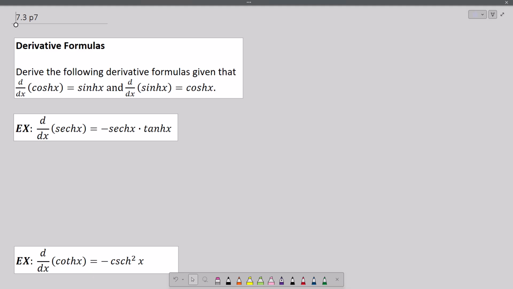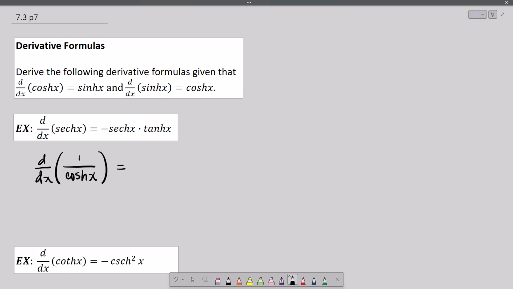We know the derivative of sinh is cosh and the derivative of cosh is sinh. So that's going to be given. We want to find the derivative of sech. This is sort of a replay of what you did in Calc 1. If you want to find the derivative of sech, you're just going to convert this with a reciprocal identity.